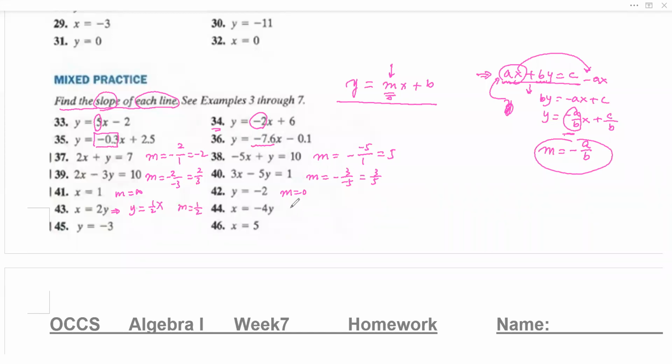For this part, we transform to y equals negative 1 over 4 x, so the slope will be negative 1/4. Horizontal line, slope is 0. Vertical line, slope is infinity.